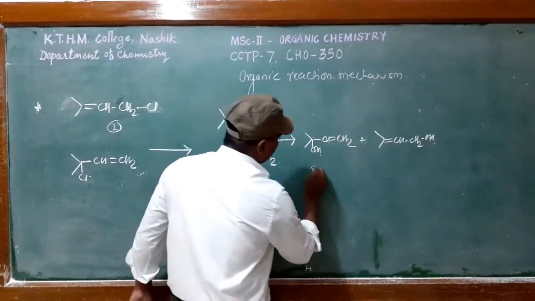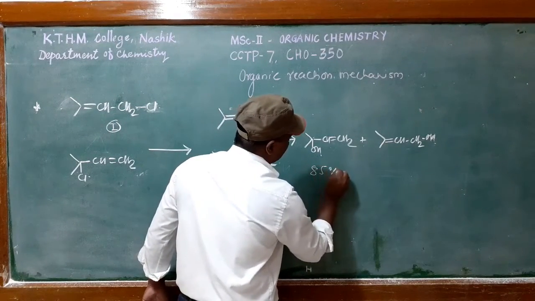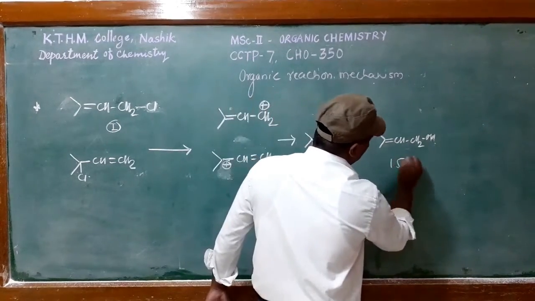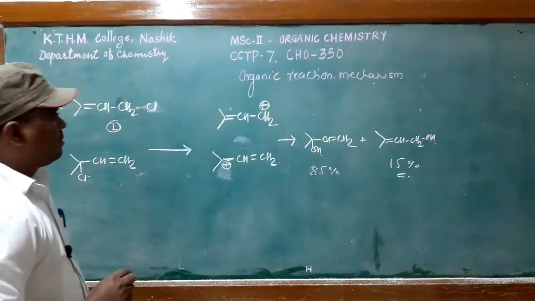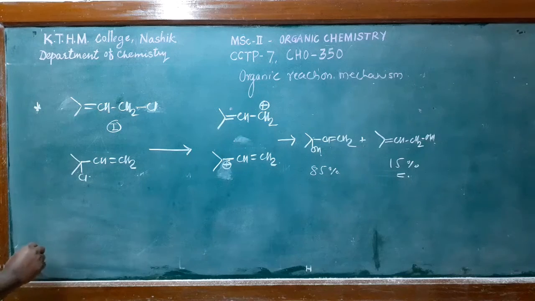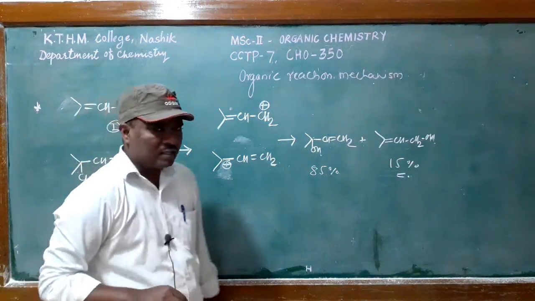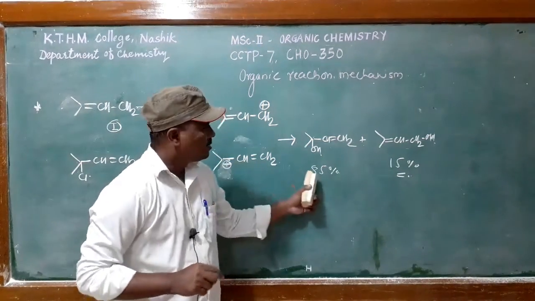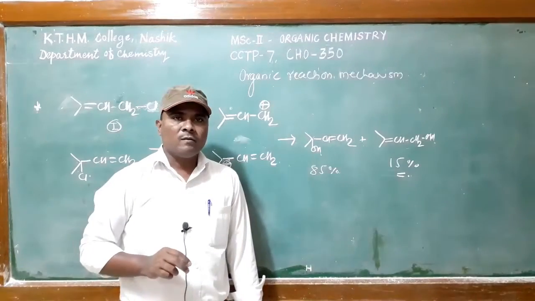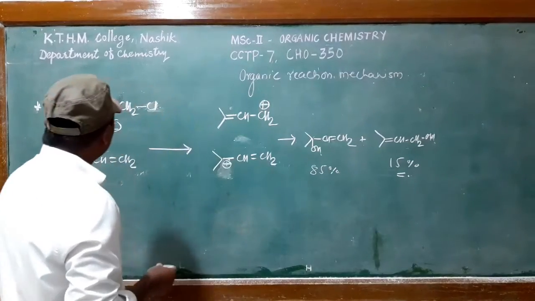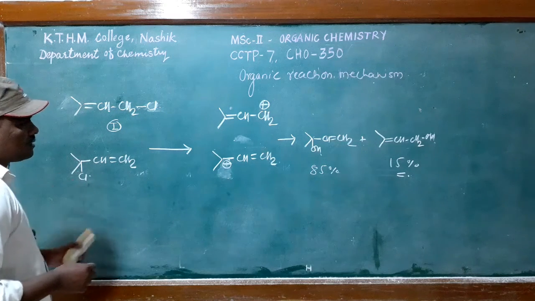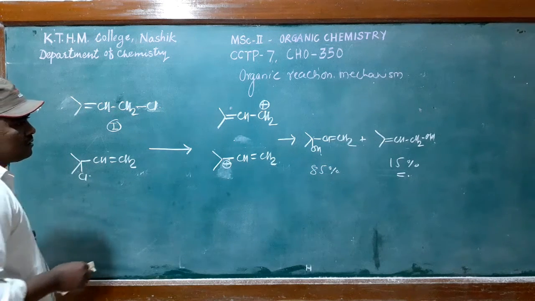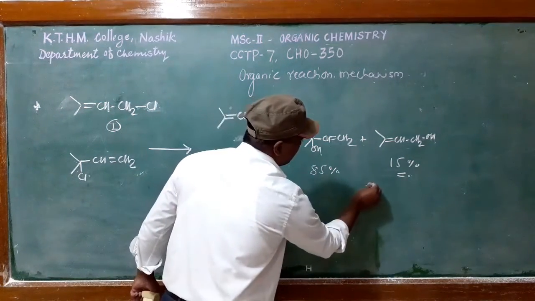The tertiary alcohol is obtained in major amount, that is 85%, and this is 15%. The interesting part in this reaction is that this mixture gives this ratio of the product. In other words, even if a single isomer is treated, it delivers the same ratio of the product.